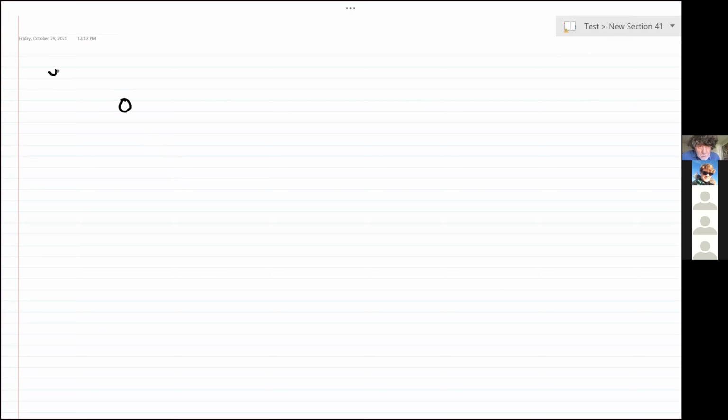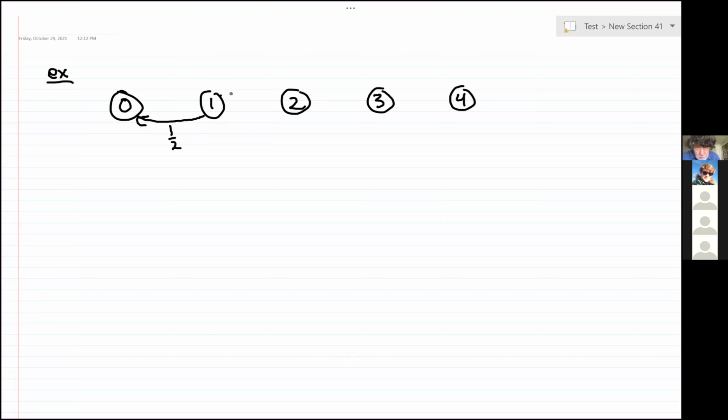Here's an example. 0, 1, 2, 3, 4, etc. Say the chance of going down is 1/2. The chance of going up is always 1/3.